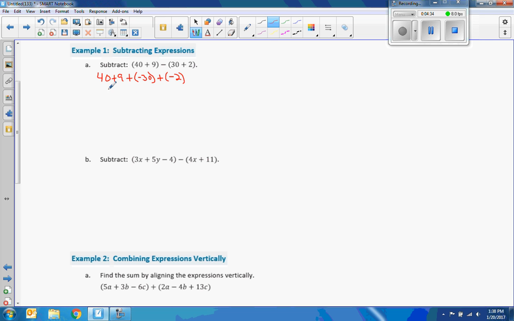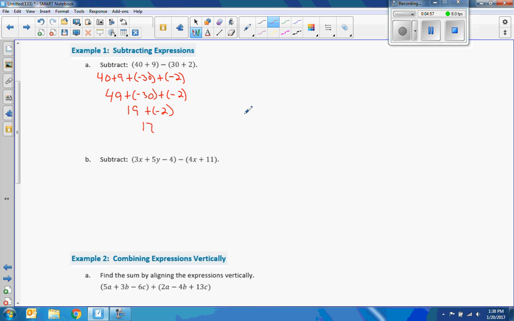So 40 plus 9 is 49, plus a negative 30, plus a negative 2. PEMDAS says work left to right once we're down to addition or subtraction. 49 plus a negative 30 is 19, plus a negative 2, and my final answer is 17.